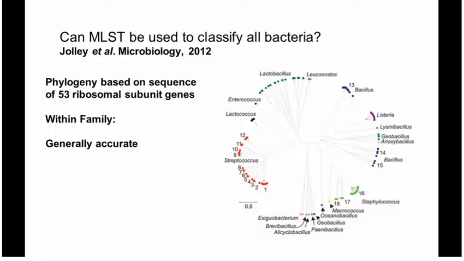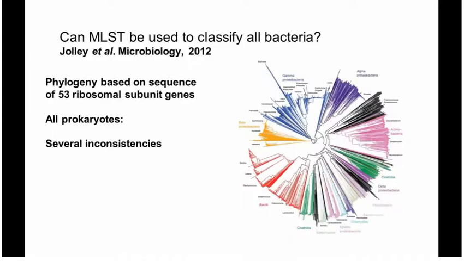Anyway, so different families within a class, multilocus sequence typing, molecular phylogenetics, seems to give a consistent classification. Makes sense. So how about if we use it to classify all bacteria?